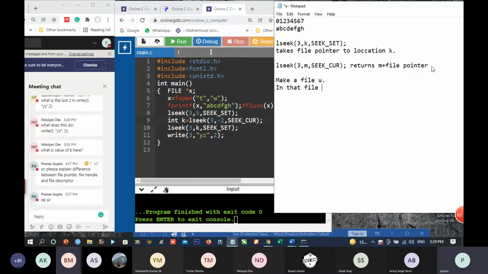Put... do not use fprintf and write. How can we do this?